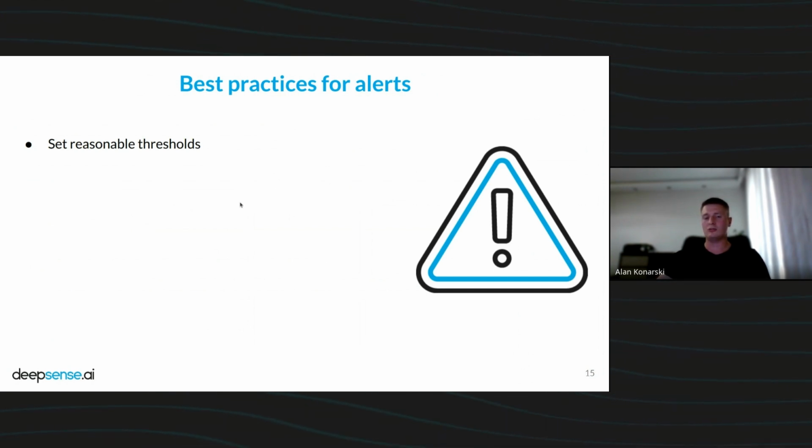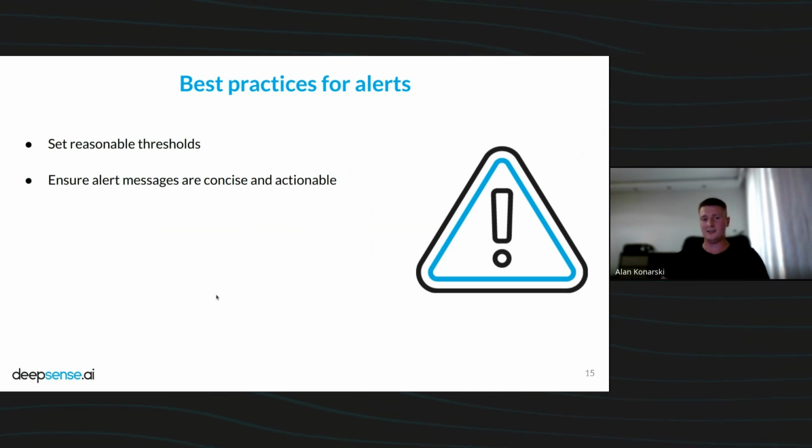We don't usually want to set up alerts for something like this. We want to set the thresholds in a way that there are no false positives, because otherwise people will start ignoring the alerts if we have too many, basically spam of alerts.